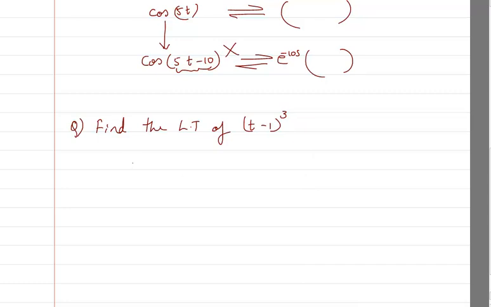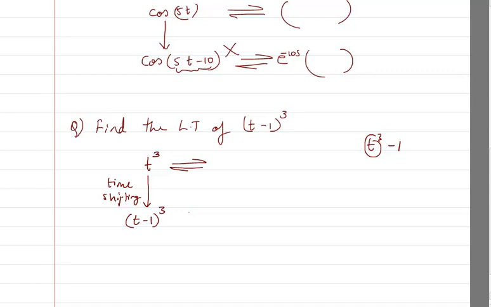For solving this, first we will find the Laplace transform of t cube, which we can find out. Then we will do something called time shifting. When I do time shifting, I cannot just write t cube minus 1. No, I have to do time shifting only for t, so I will write t minus 1 the whole cube.